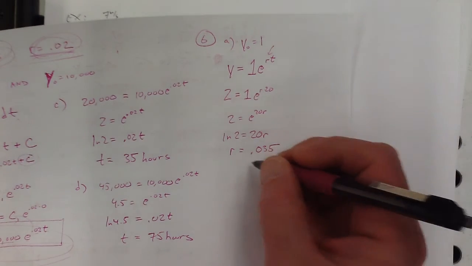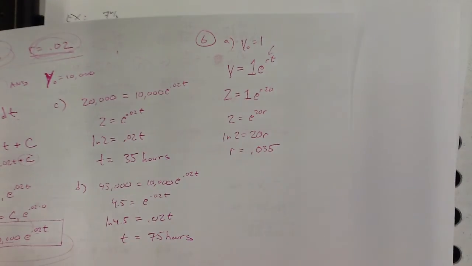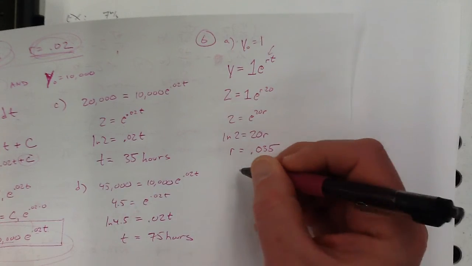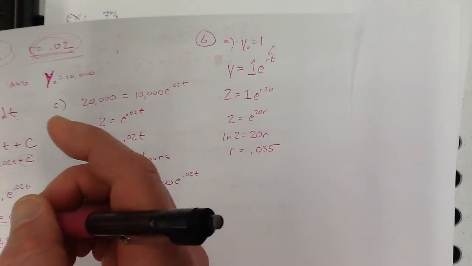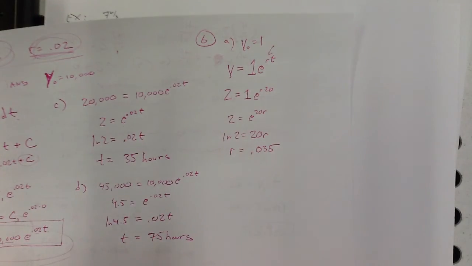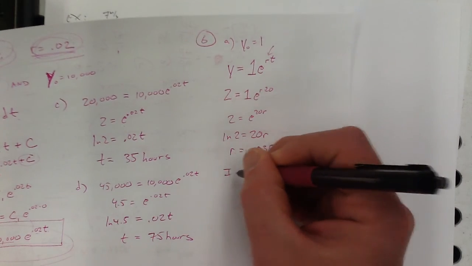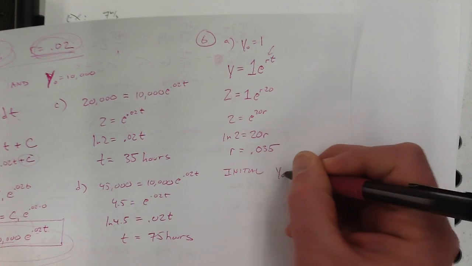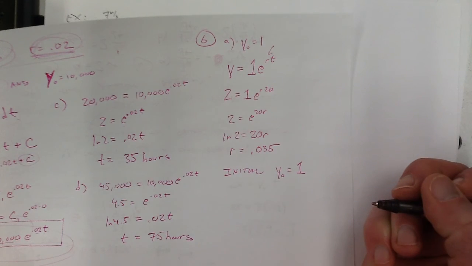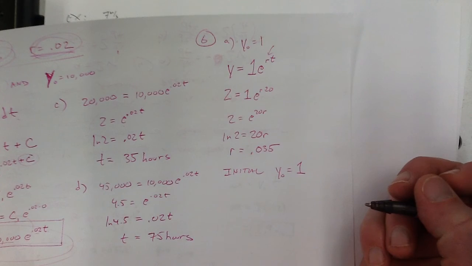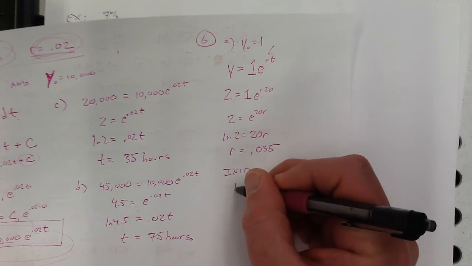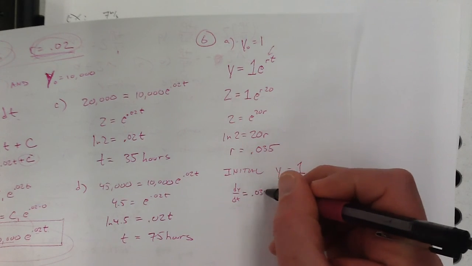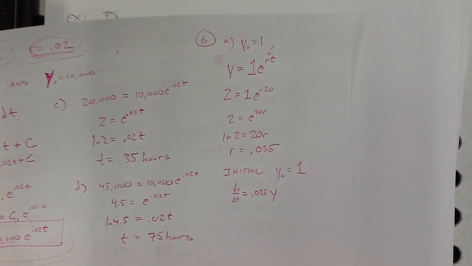All right. And so the initial value problem would be like they described in 5: initial population y sub 0 is 1, and dy dt is equal to 0.035 times y.